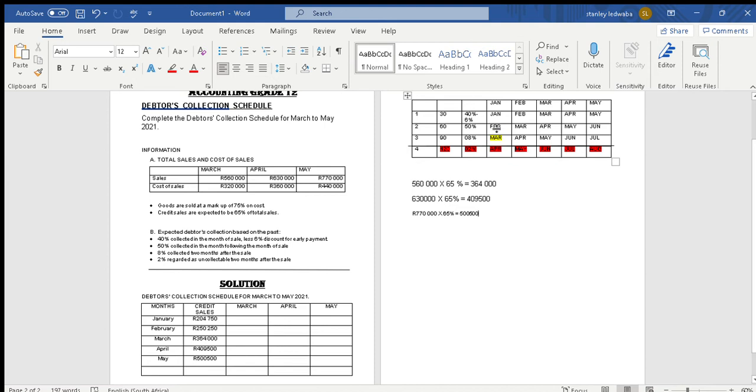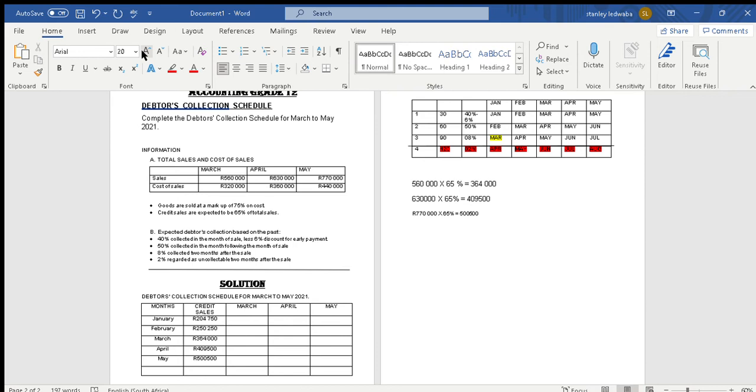Okay, so on January, our collection pattern tells us that we only collect for March, because what we need is March, April, and May. We don't have April and May. Okay, we collect for March. How much are we collecting? We are collecting 8% of the debt. Let me resize so that you can see, which means that we are going to check the credit sales for, I'm sorry, January.